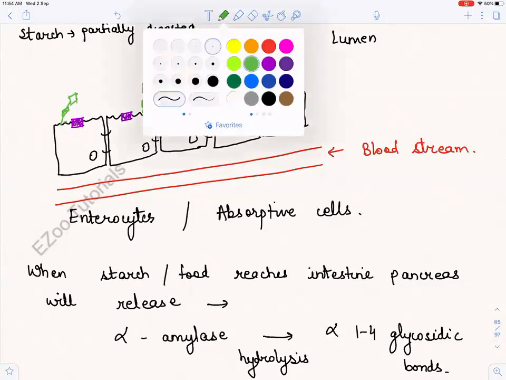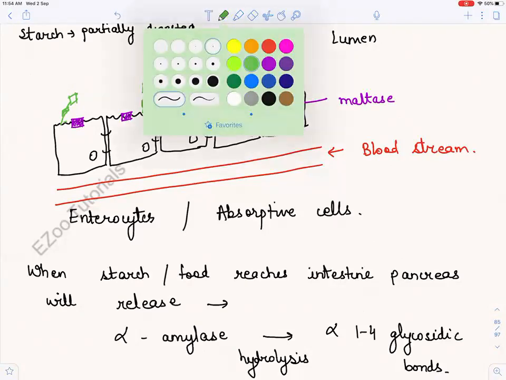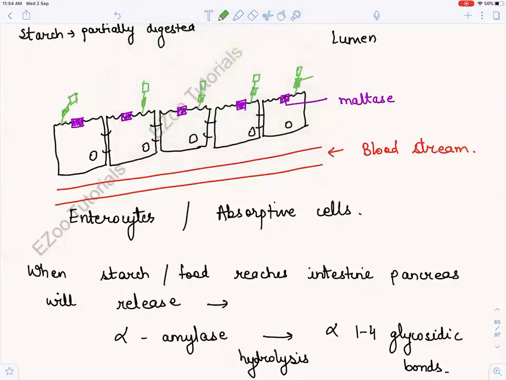This purple thing that I have drawn is maltase. And this green thing that I have drawn is sucrase or isomaltase. These are enzymes. What will these enzymes do?